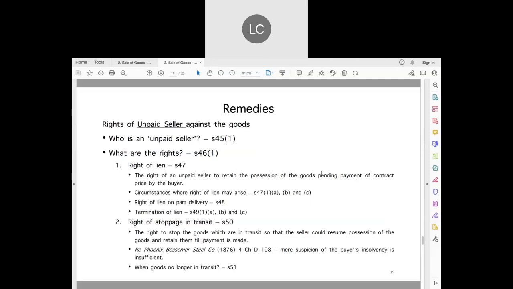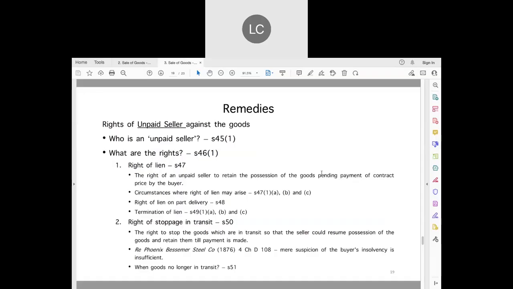It's just a misunderstanding for whatever reason. He found out that you are not insolvent, but he stopped the delivery anyway. So if you suffer any losses because of this stoppage, you can claim from the seller, if it is later found that you are not insolvent.